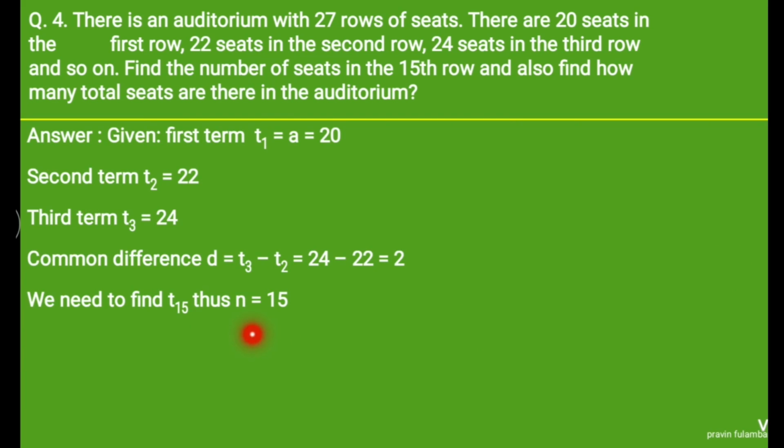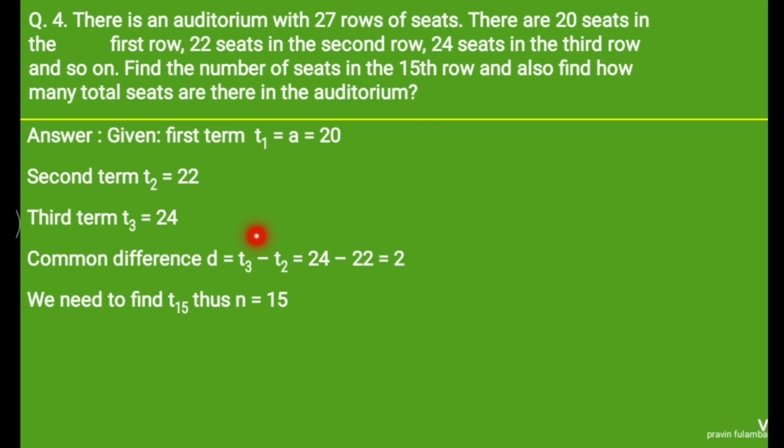So first we write here the given part. In answer, given part is first term T1 equals A equals 20, because in the first row there are 20 seats, second term that is T2 equals 22. In the second row the total number of seats is 22.